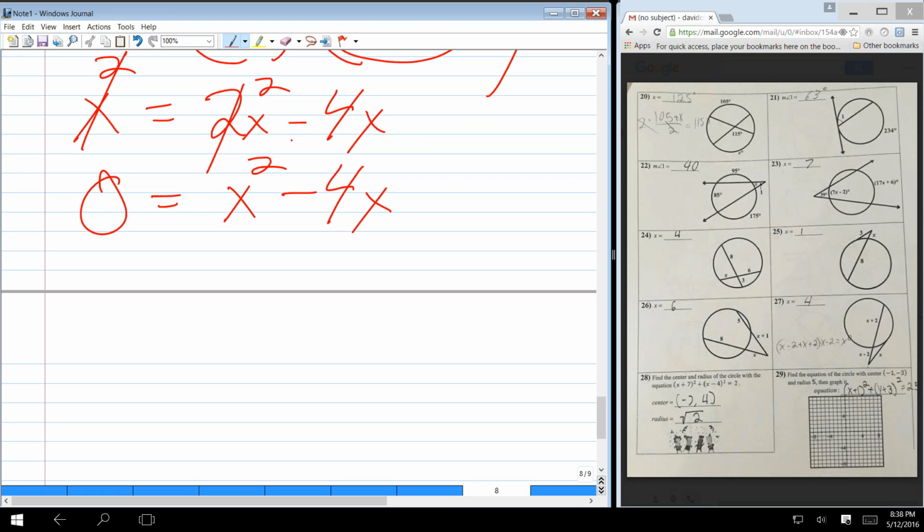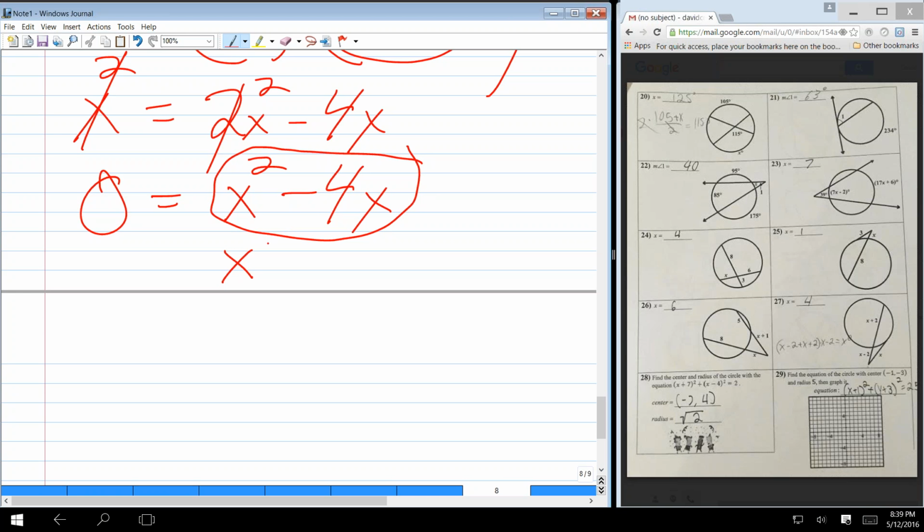Well, can I factor that into the product of 2 things? Is there a greatest common factor you can take out?